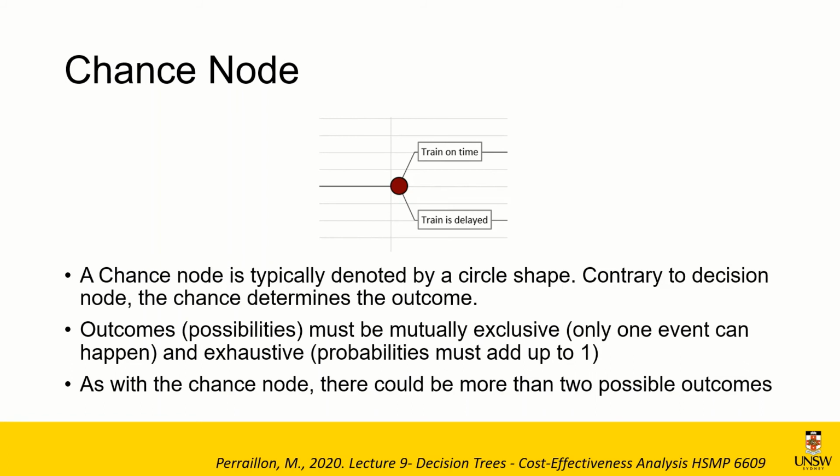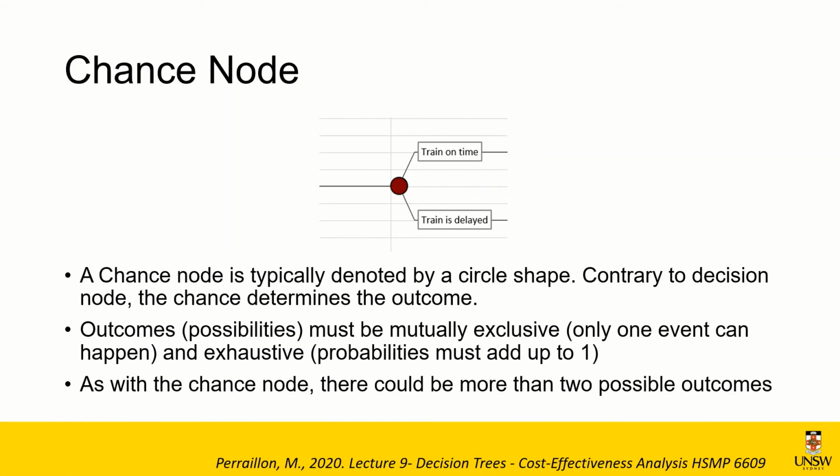And another important thing is that the outcomes or the probabilities must be mutually exclusive. That means only one event can happen out of all these things, right? There could not be two simultaneous events happening.